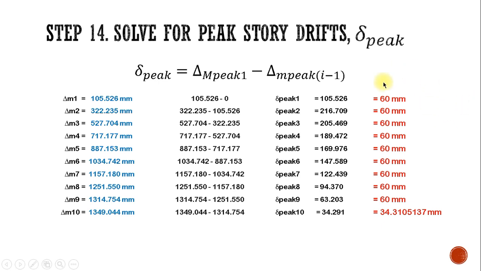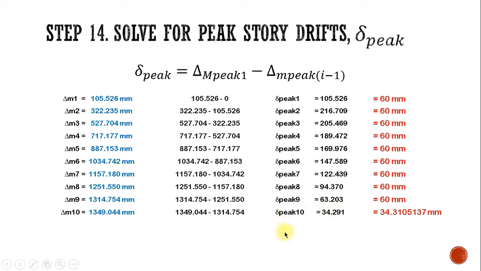So since na-compute natin kanina ang ating magiging maximum story drifts ay 60 mm, so lahat ng mga na-compute natin dito kanina na lumampas sa 60 mm ay hindi natin yun i-consider, bagkus ang ating i-consider ay 60 mm lamang. So from first floor up to 9th floor, lahat ng values na na-compute natin kanina na peak story drift ay greater than 60 mm. So, hindi natin to i-consider lahat. Instead, ang i-consider natin ay 60 mm in every floor from first floor to 9th floor.